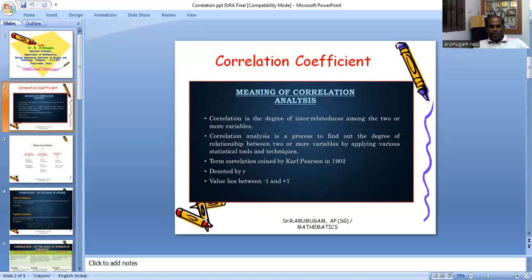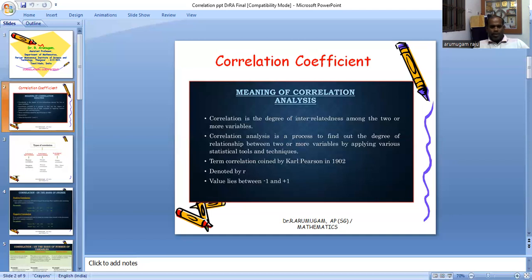Similarly, multiple correlation: in the case of multiple correlation, two or more variables are studied simultaneously. For example, rainfall, production of rice, and the price of rice studied simultaneously will be known as multiple correlation.